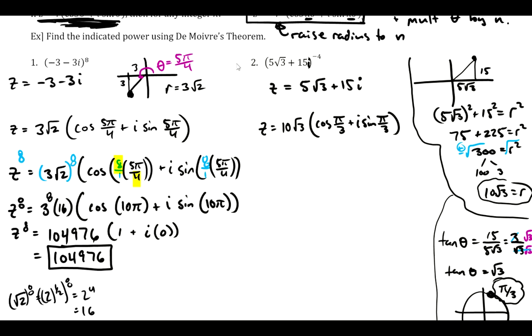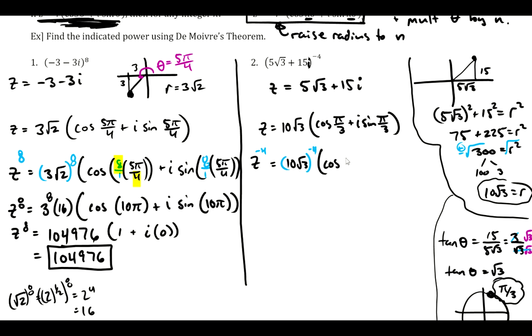Now let me kind of block that off. Now we can raise it to the power. So -4 is the power, which means, again, the radius itself gets raised to that power, and then in the big parentheses, the angles get multiplied by that power.